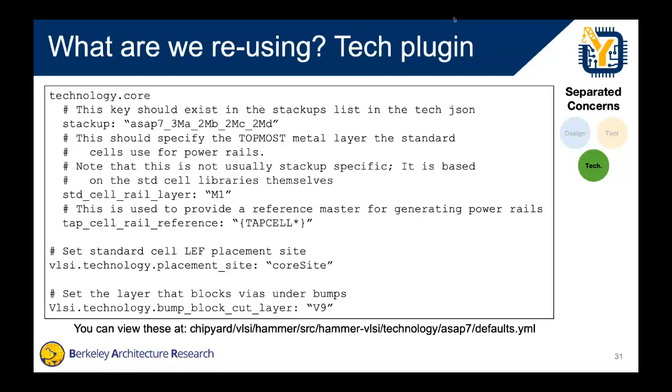In this technology, they're in M1. And then something to use to stamp out those standard cell rails. There's a bunch of other low-level technology stuff you have to specify, but this is all inherited from the ASAP7 default YAML. You can see at the bottom, that's the path.